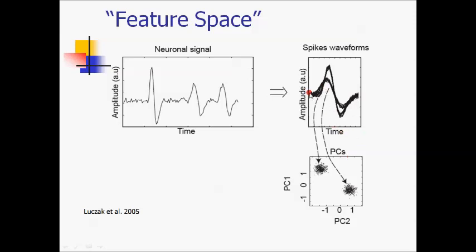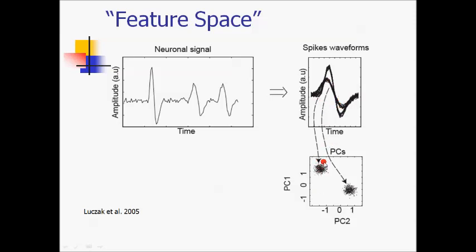So now, instead of having these, let's say, 30 or 60 points describing a waveform, each of those spikes is described by only two numbers: the first principal component and the second principal component. Each waveform is now described approximately by the amplitude of the spike here and the amplitude here.